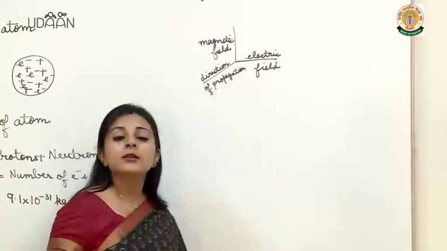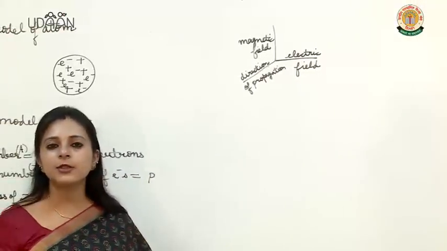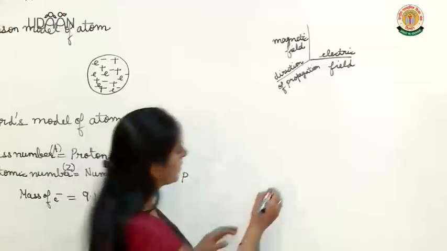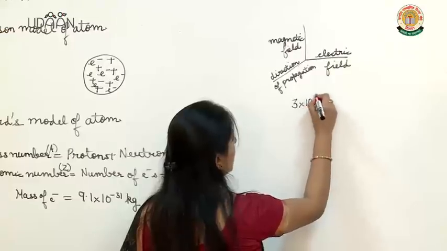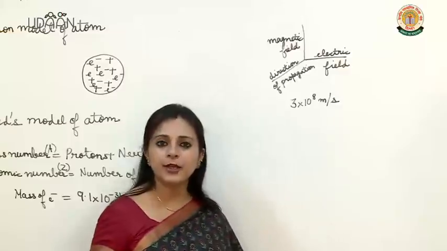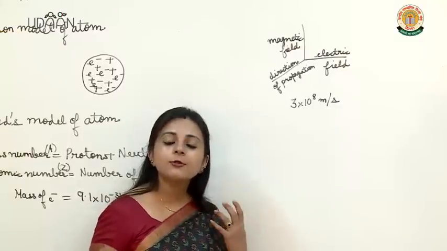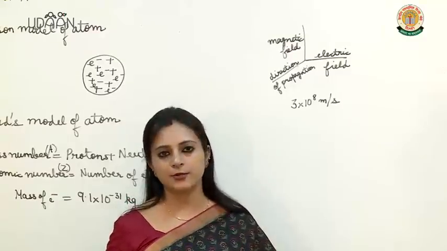Now these radiations travel with the velocity of light. What is the velocity of light? It is 3 into 10 to the power 8 meter per second, and they possess wave character, and they do not require any material medium for propagation.